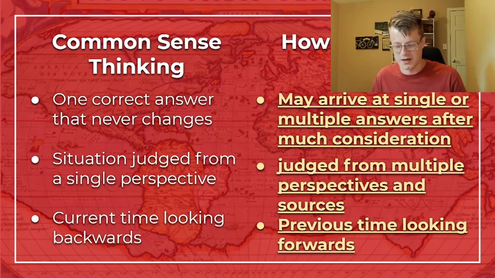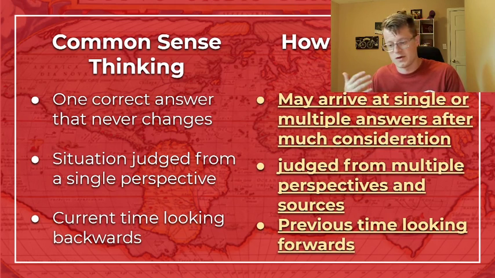So you can see how a historian thinks. When we look at the past, very rarely will we come up with a single answer to something. Typically, it's multiple answers, and we get there after a lot of critical thinking and reflecting. Also, we try to be aware that it's very problematic to judge history from a single perspective.